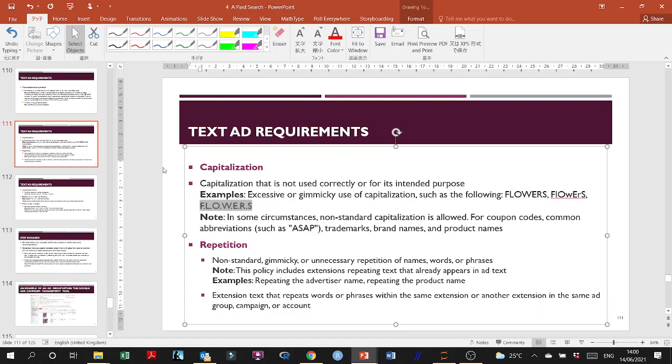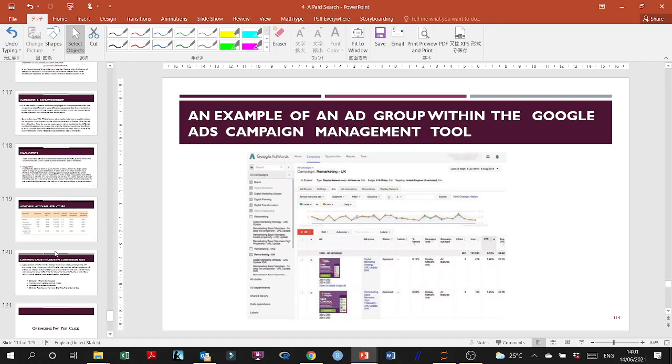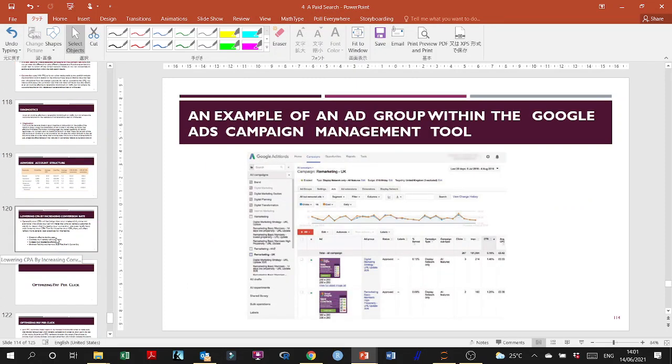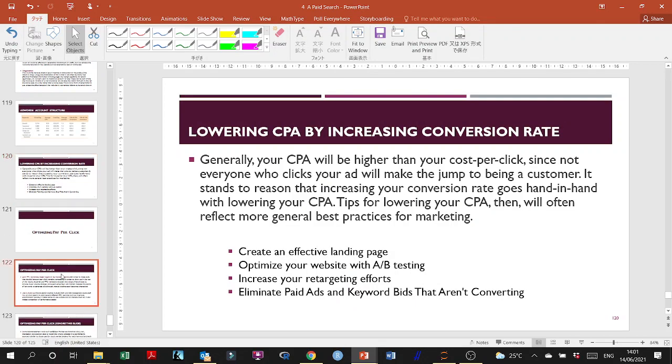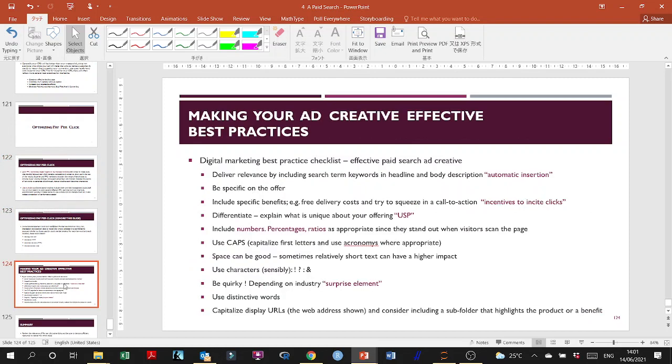So this is how you optimize. Also, the number of keywords is from 10 to 20, not more than that, and a minimum of 3 ad copies, so that your ad group will be optimized. If you have less than 3, then it is questionable as well.